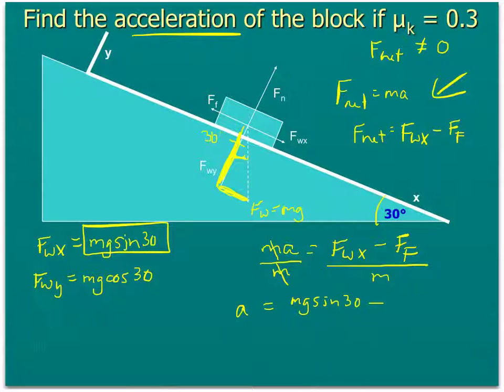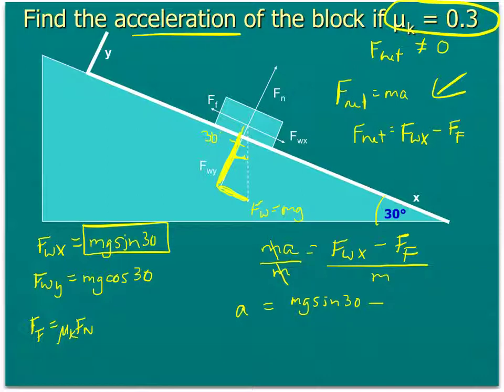Now I need something to substitute in for my force of friction. So we know that the force of friction, if we use one of our new equations, is equal to mu k, because this thing is moving and we know our value of mu k is 0.3. So it's equal to mu k times our normal force.